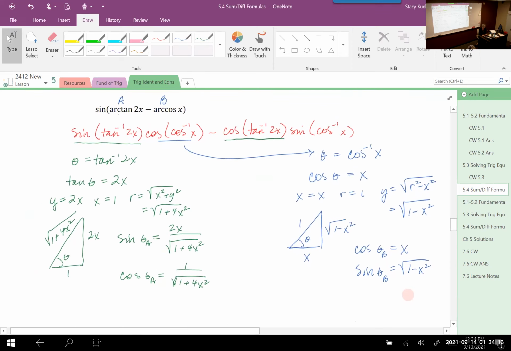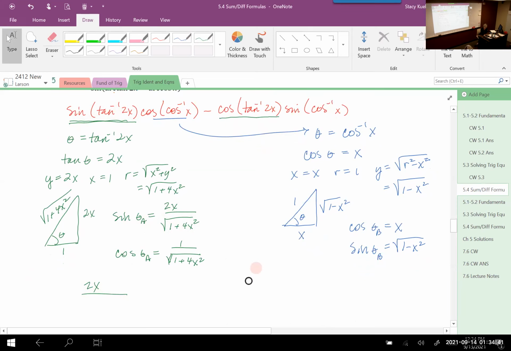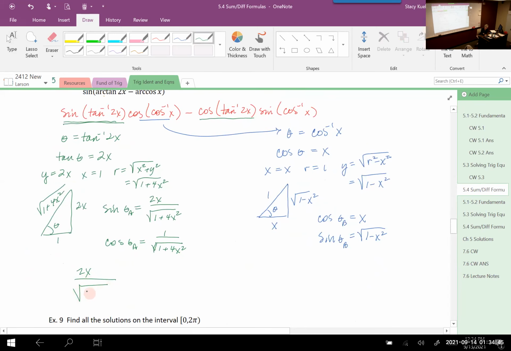All right. Now we have all the pieces to this puzzle. And I am going to go back in and replace the sine of the inverse tangent of 2x. We already know that that's the sine of theta A, yeah? So that's going to be 2x over the square root of 1 plus 4x squared.